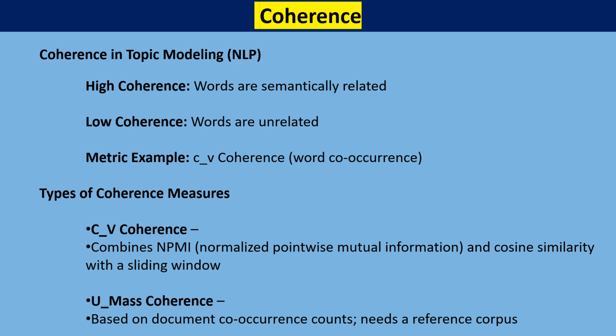It is simpler but depends on having a good corpus. PMI coherence uses pointwise mutual information between word pairs. It focuses on PMI, which checks if words appear together more than you would expect by chance.